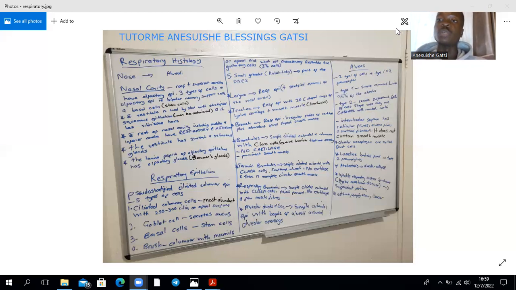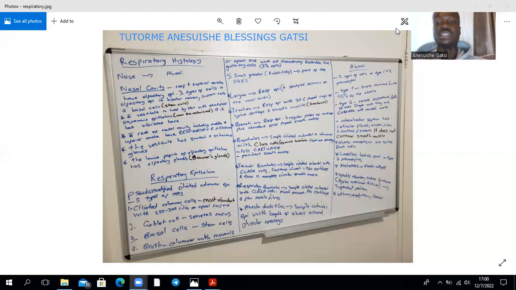Then you have the supporting or sustentacular cells, which support the bipolar neurons, and these are columnar cells. They provide mechanical support and metabolic support to the bipolar neurons. Then you have the basal cells, which are for renewal. They act as stem cells for the olfactory cells, as well as the sustentacular cells.